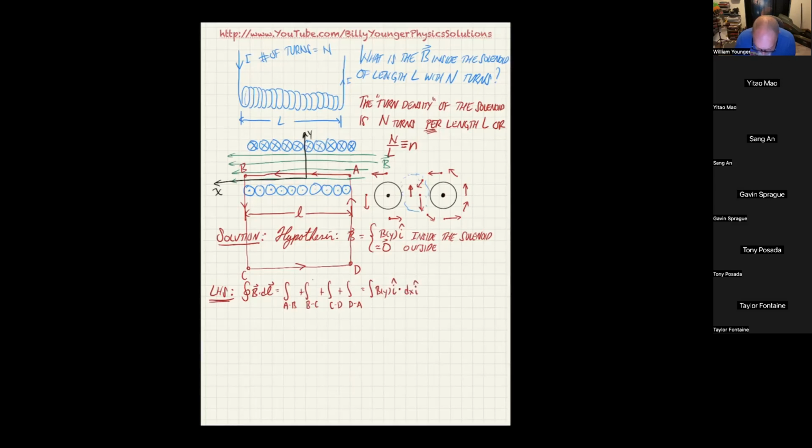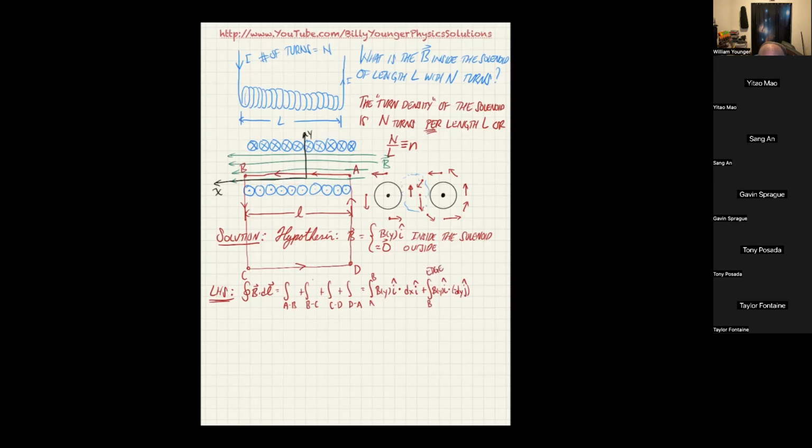And this is from A to B, plus the integral of B of y i hat dotted with, in this case, negative dy j hat, and that's going to be from B to the edge.